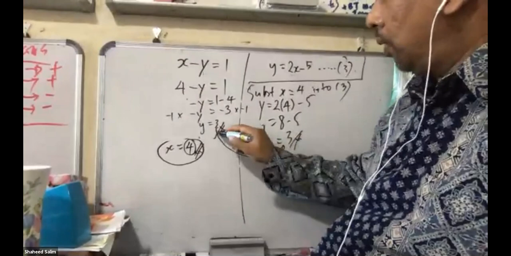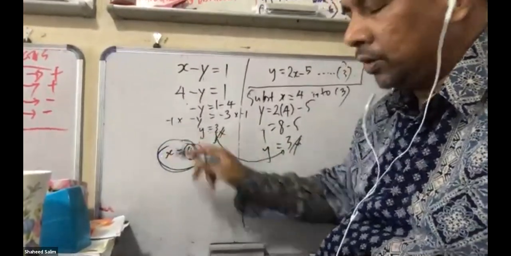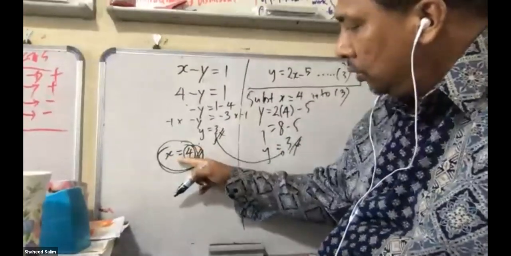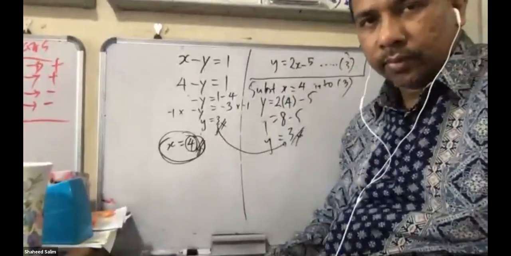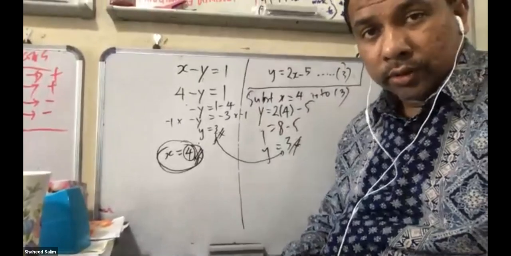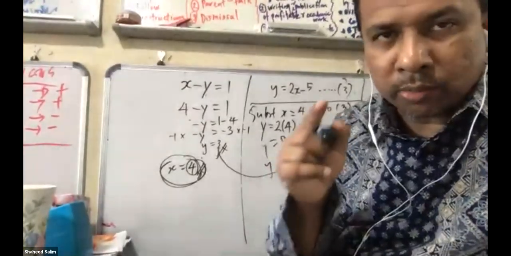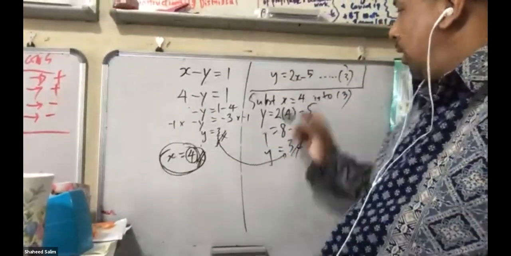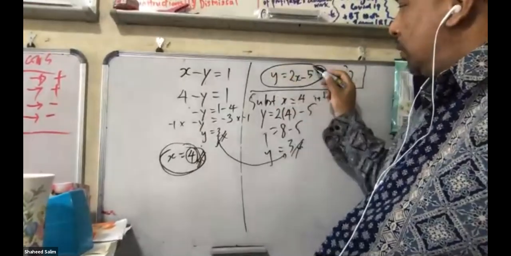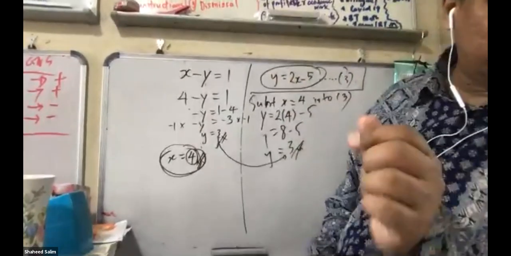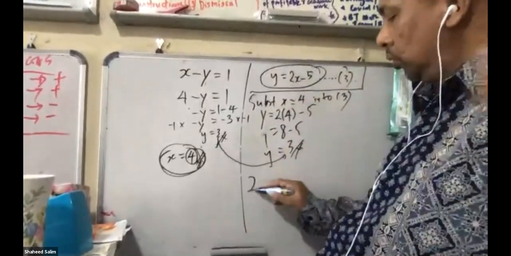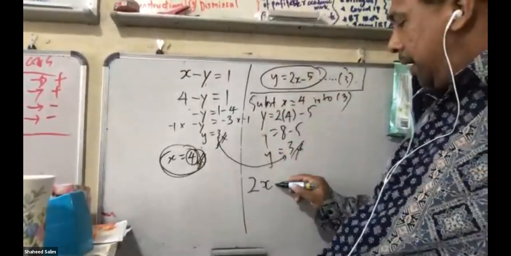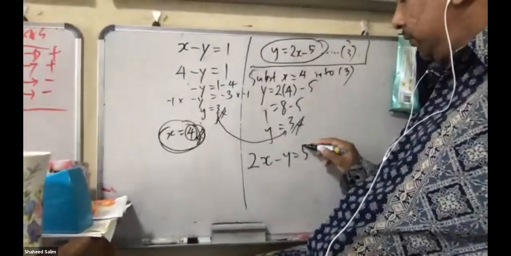It does not matter. Once you know the value of one of them, you can substitute the value into any equation. But if you don't know, just now I said you can only substitute in equation number 2, because down here, this is the same as equation 1. Equation 1, you look at the question, is 2x minus y equals to 5.